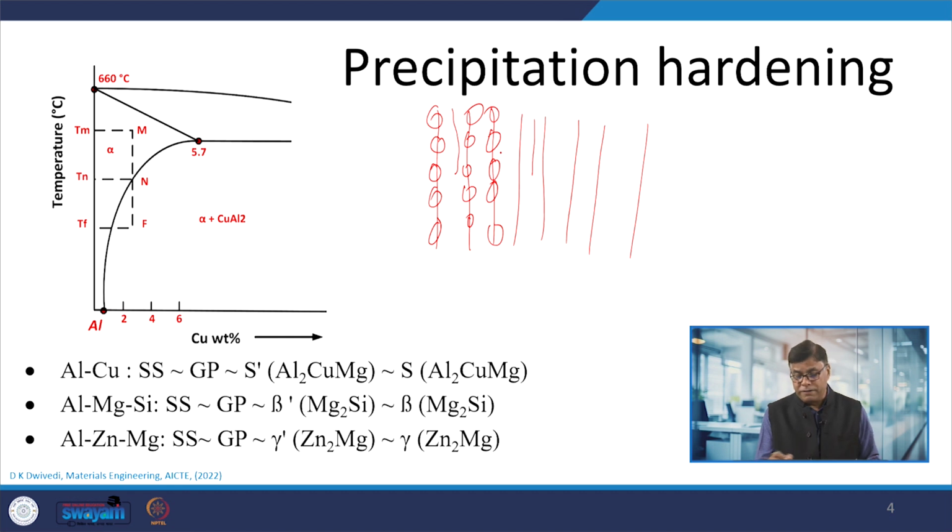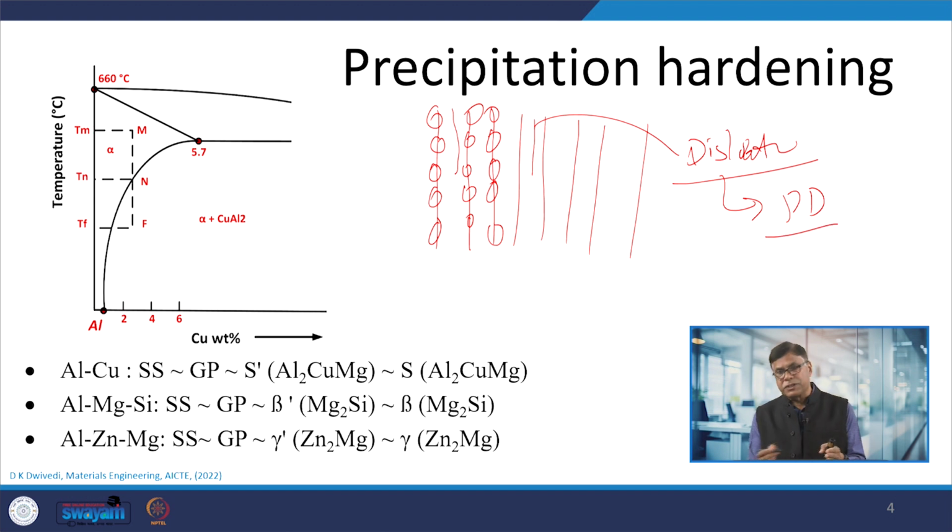These incomplete planes of atoms are called dislocations. So, how easily dislocations are able to move results in the plastic deformation. Eventually, the dislocation movement resulting in plastic deformation, and how easily it happens, will determine the strength or yield strength of the material.